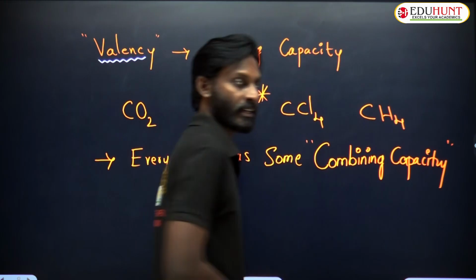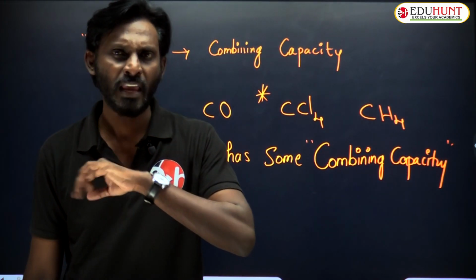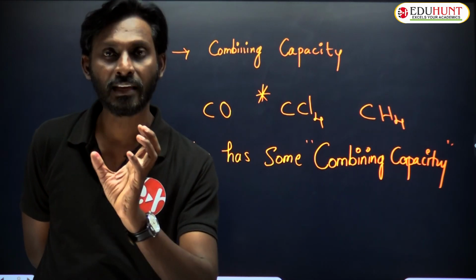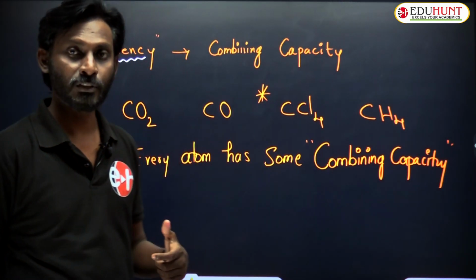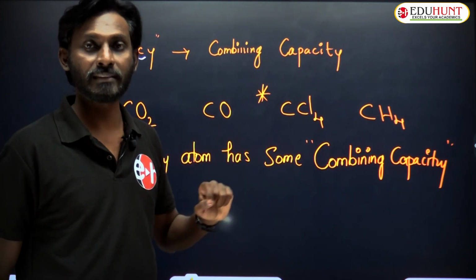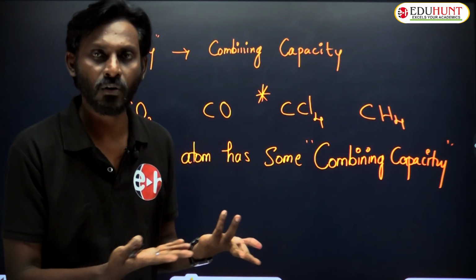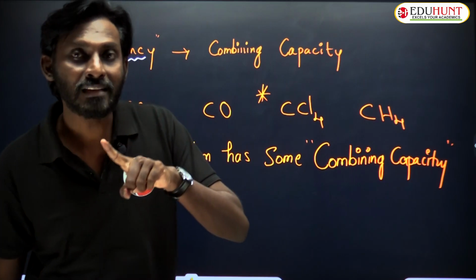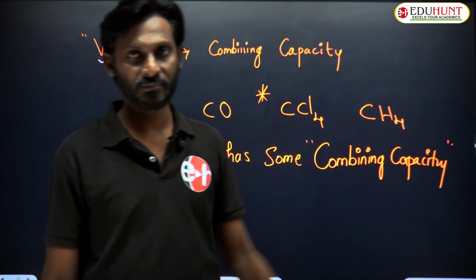Whether it is a carbon atom, a hydrogen atom, or any element's atom, an atom has a particular capacity to combine with others. So by looking at this, what can you understand? Carbon has a capacity to combine with 4 chlorine. Carbon has a capacity to combine with 4 hydrogen.